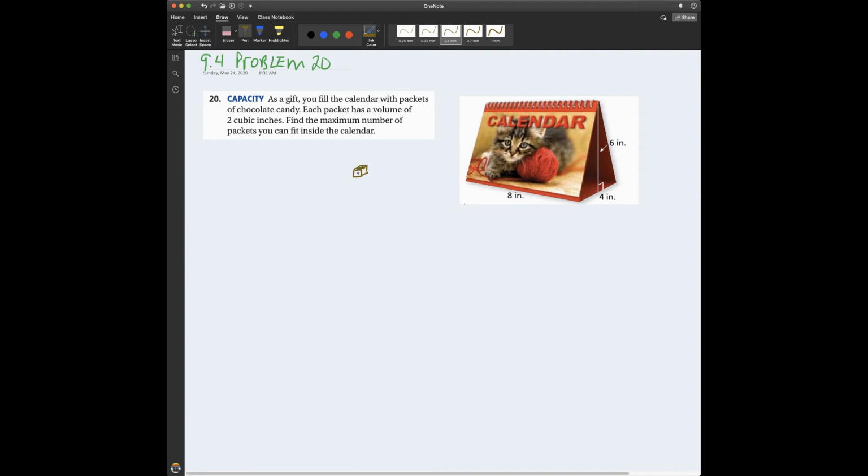This is the chocolate candy, and this candy has a volume of 2 cubic inches. All right. And you want to figure out how many of these can go inside of here.